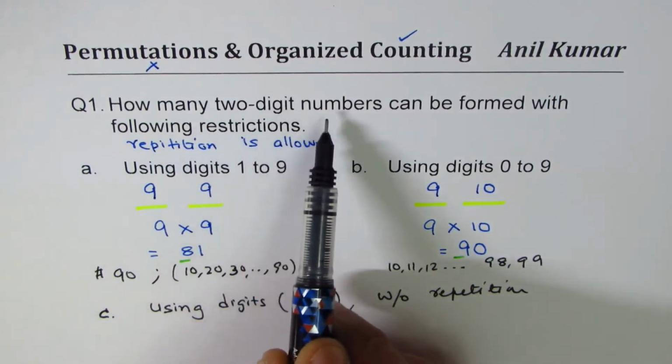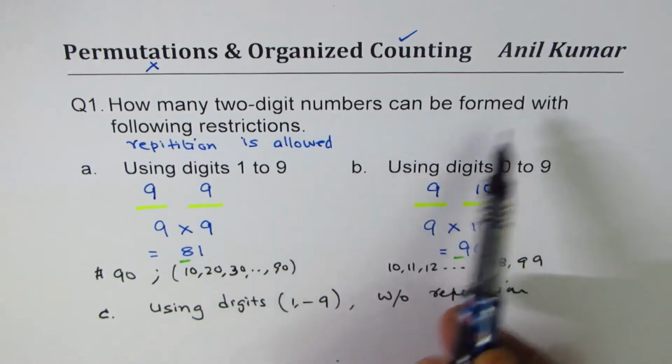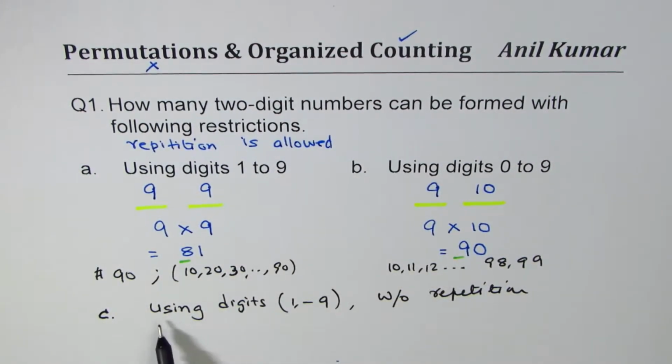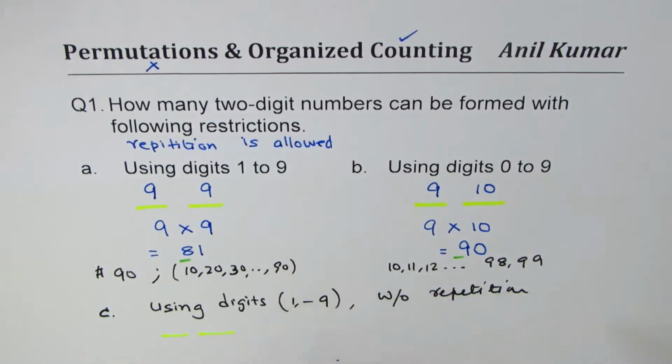How many two-digit numbers can be formed with the following restriction? The restriction is using digits 1 to 9 without repetition, right? So you can pause the video, answer this one. We'll follow the same strategy. Two digits, 1 to 9. In the tens place, you can place any of these 9 numbers. However, since the repetition is not allowed, you have 8 options for ones place, and our answer is 9 times 8, which is 72, right?